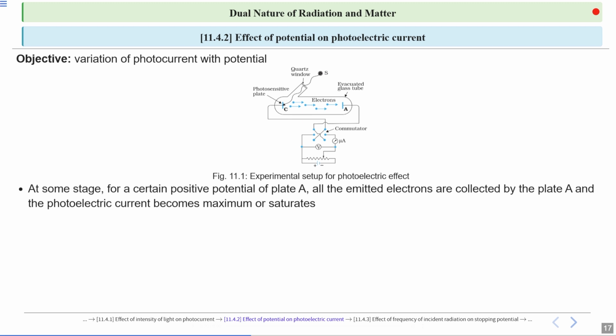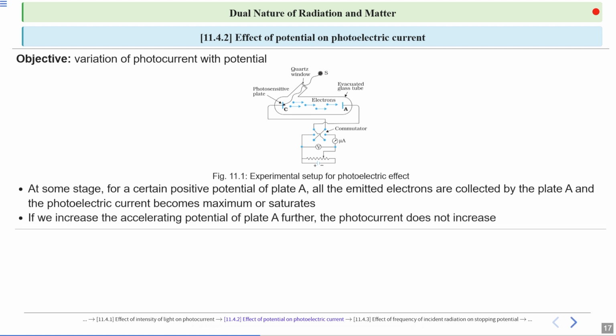It's important to note that beyond this point, even if we keep increasing the positive voltage, we can't collect more electrons because all available electrons are already being captured. So, increasing the accelerating potential of plate A any further does not increase the photocurrent.